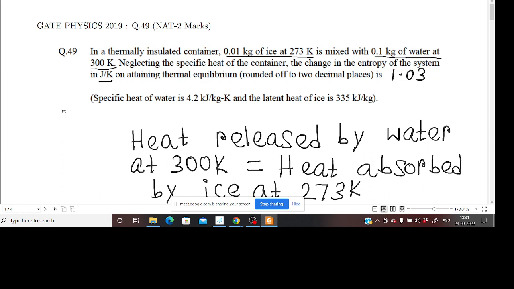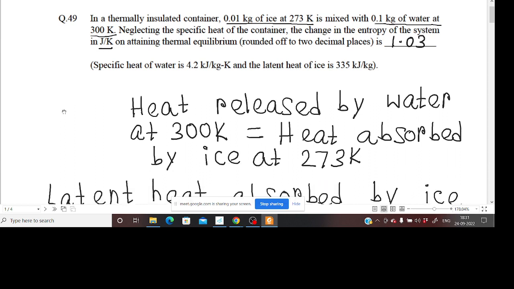Now we know that at equilibrium the heat released is equal to heat absorbed. So the ice at temperature 273 Kelvin will absorb heat, right? And the water at 300 Kelvin will release the heat. So these two should be equal.